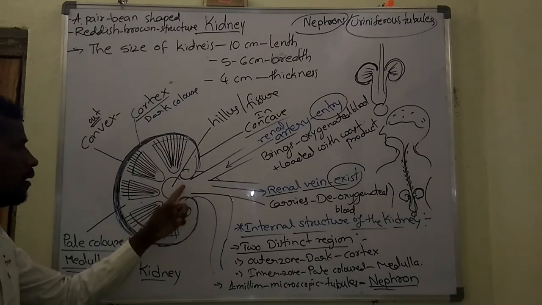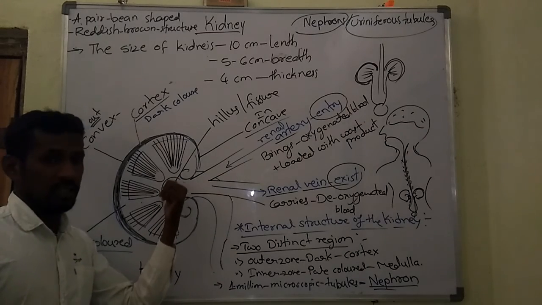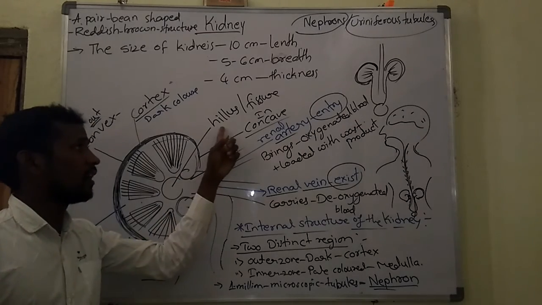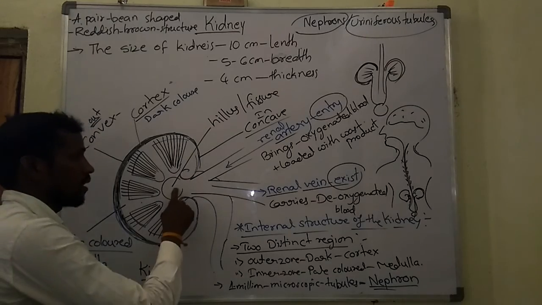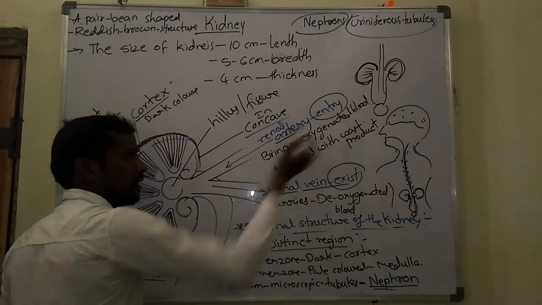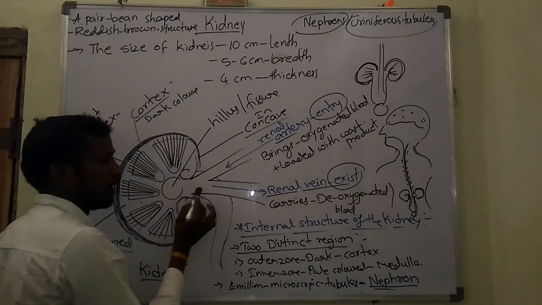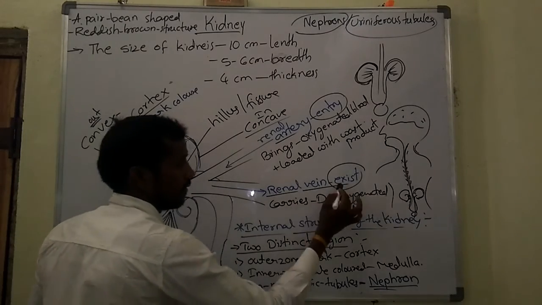Each kidney's inner side has a hilus or fissure for the entry of a renal artery and the exit of a renal vein.